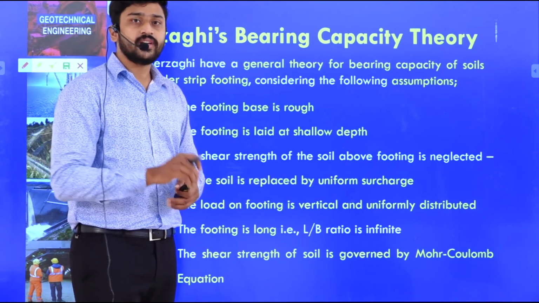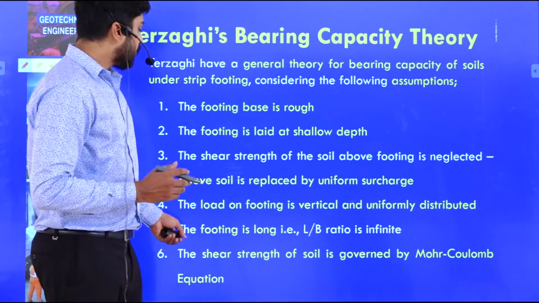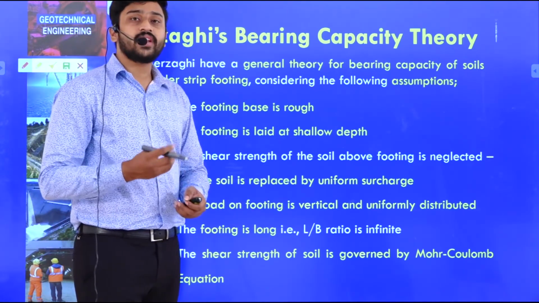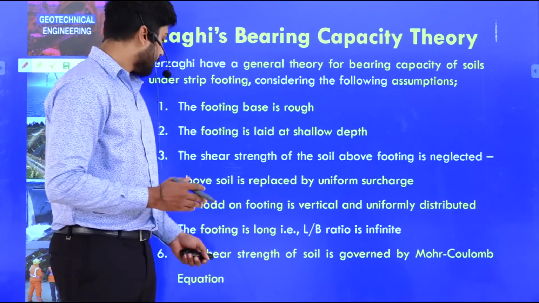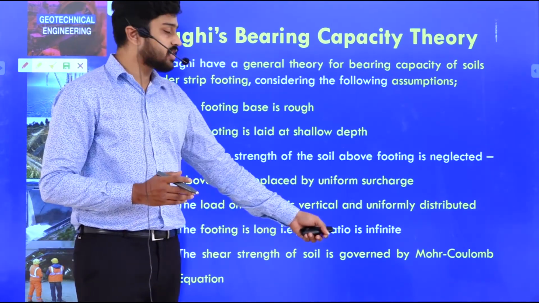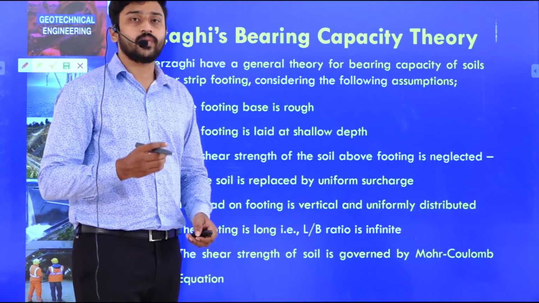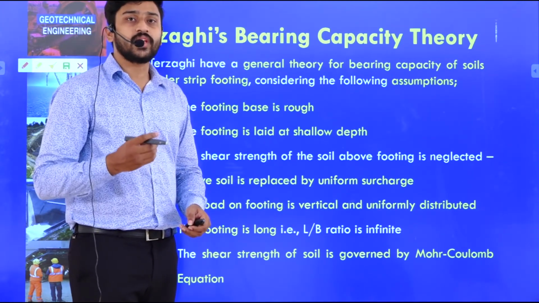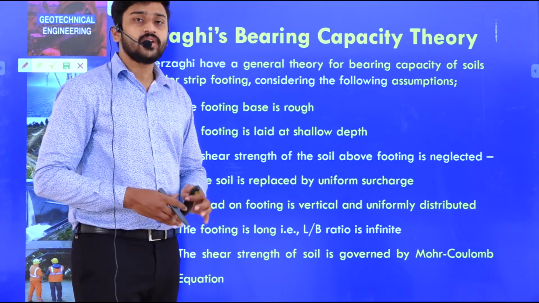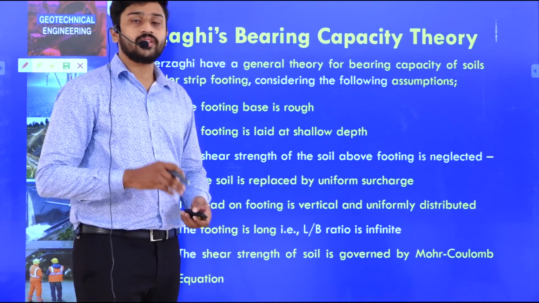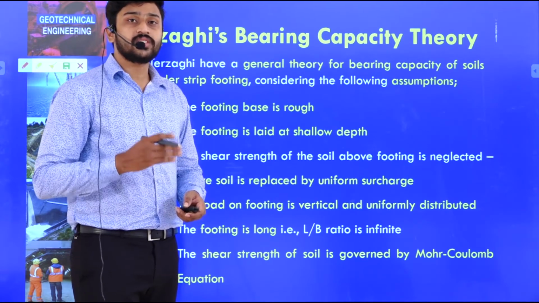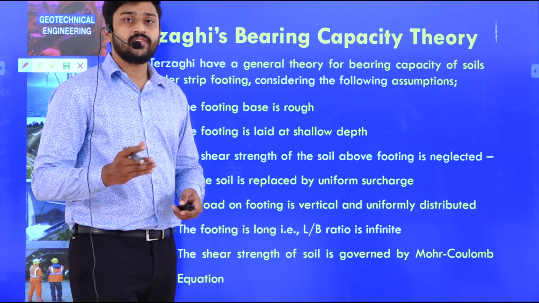Then the footing is long, that means the L by B ratio is infinite. He assumed the footing to be a longer one. And the shear strength of the soil is governed by the Mohr-Coulomb equation. So the Mohr-Coulomb equation that we discussed in module 1 is used to determine the shear strength of soil. That is tau is equal to c dash plus sigma bar tan phi dash.